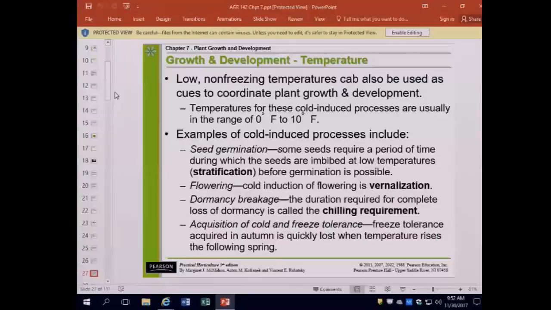Doesn't matter. It's okay. But when we talk about seed germination, stratification is the requirement of a given seed to have a number of cold hours. An example of stratification, if we use a common weed as an example, a morning glory.